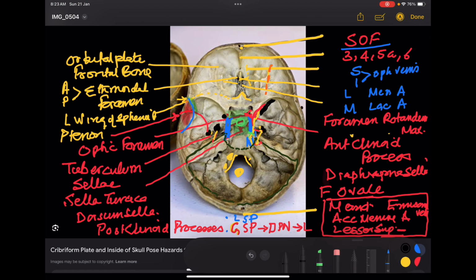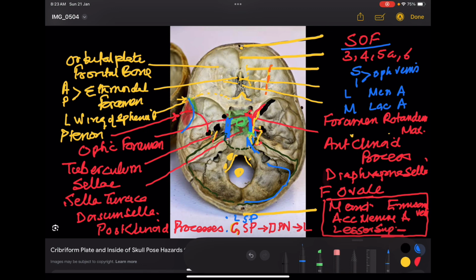And the jugular foramen, you see, one of the things that comes out of it is the inferior petrosal sinus. The other thing that comes out of it is the sigmoid sinus, which comes like this.